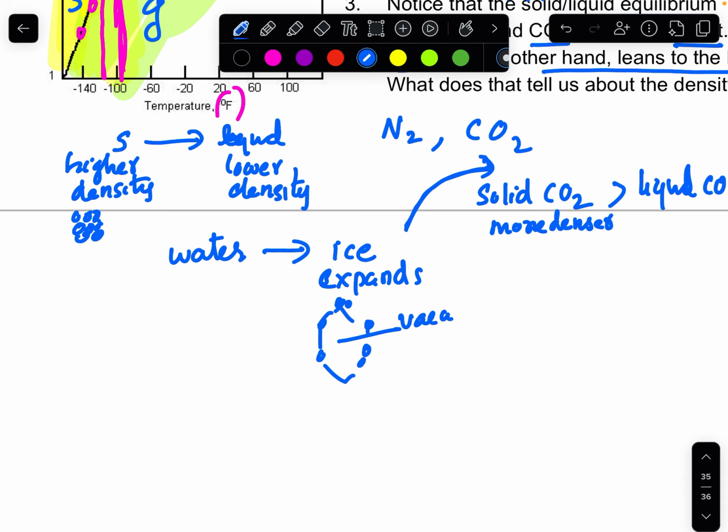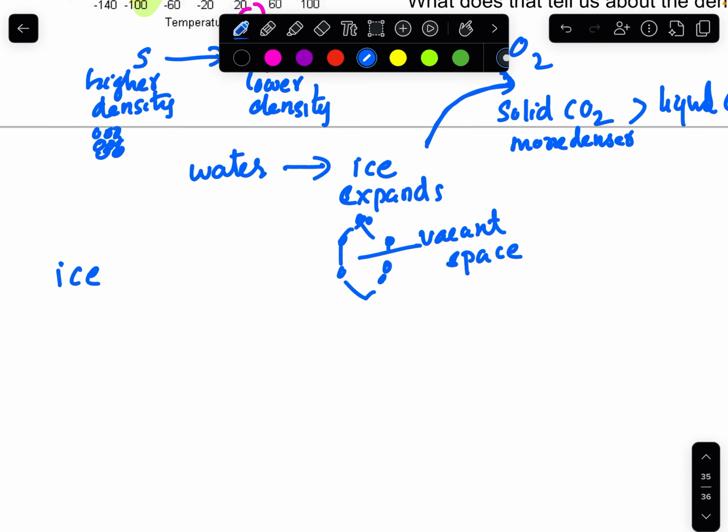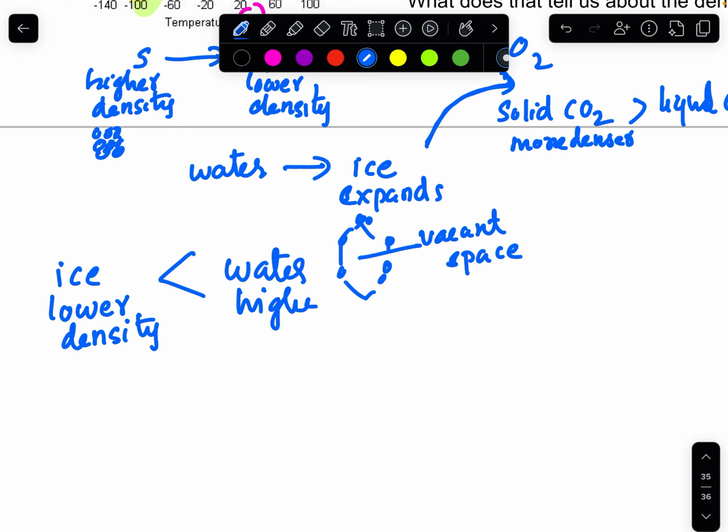There will be a lot of vacant spaces. We learned that while learning properties of water. Because of that, ice will have a lower density because it occupies a lot of volume, right? So lower density than water, and water will have higher density. That is why we always know that ice floats on water.